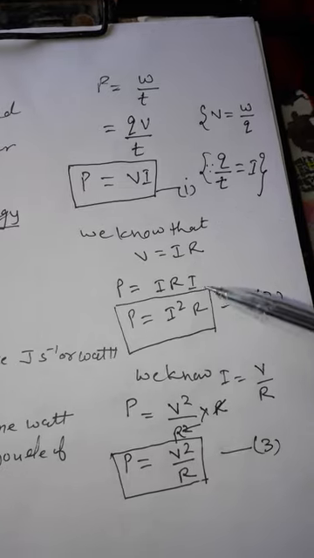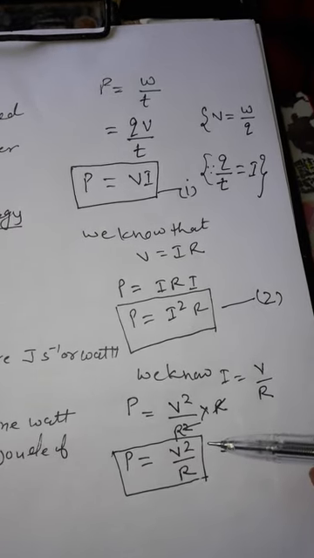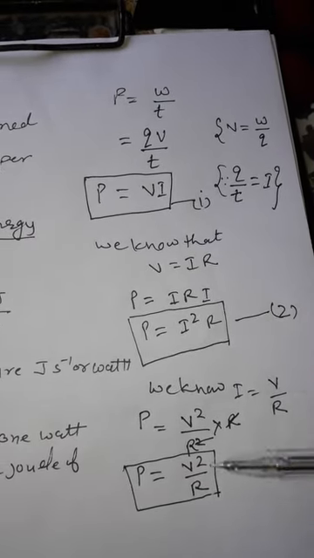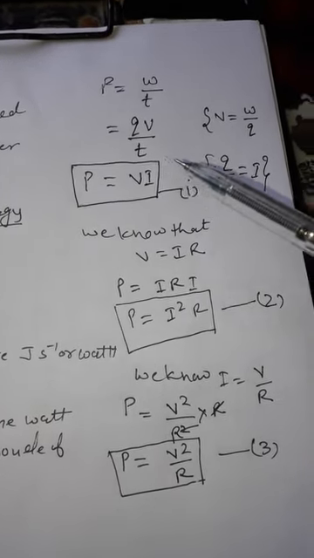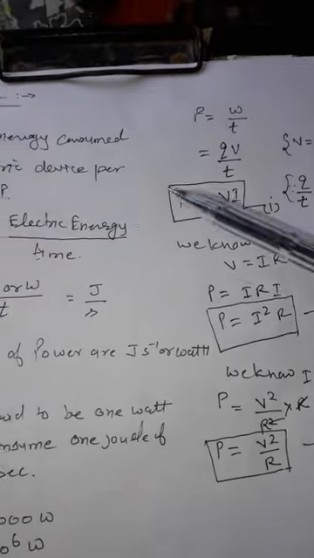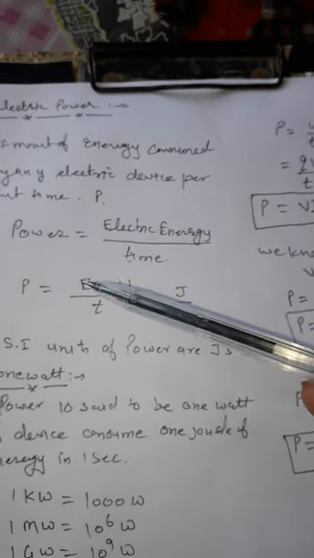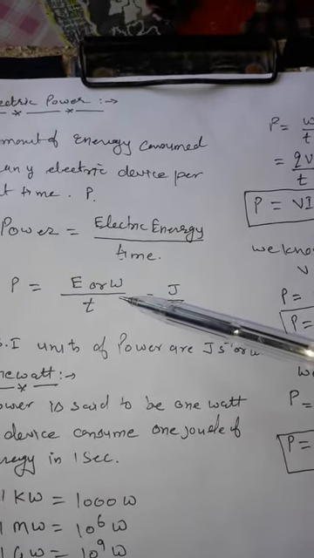All these relations are used to solve numerical problems in this topic. So these are three relations, and if energy is directly given, then we can use the first relation to calculate the power.